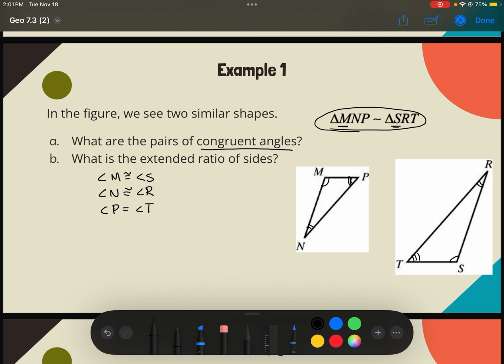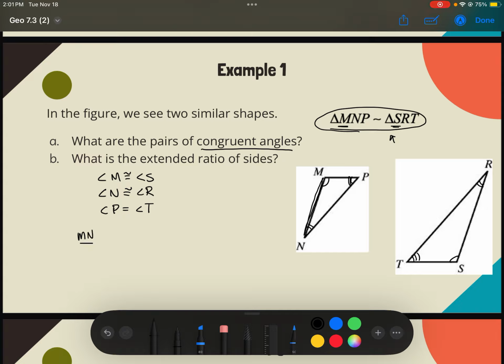So now they've kind of turned one of the polygons a little bit. They're not lined up so nicely. When that happens, make sure to use the order of the letters to help you out. What is the extended ratio of sides? Okay, so pick any side to start with. I'm going to start with MN because it's my first two letters.